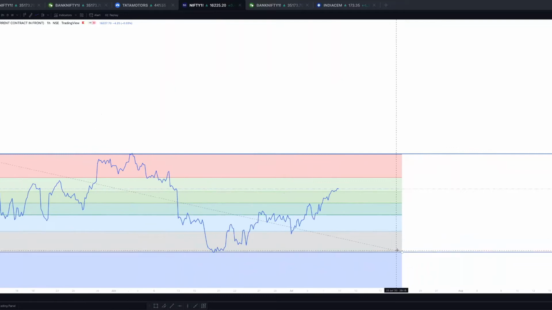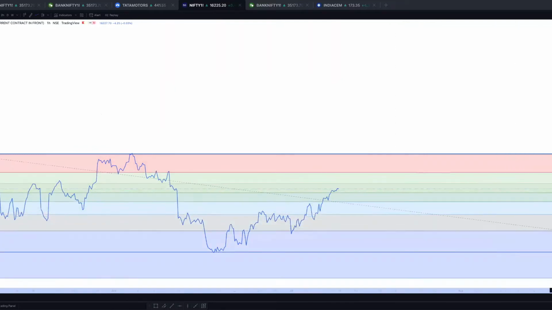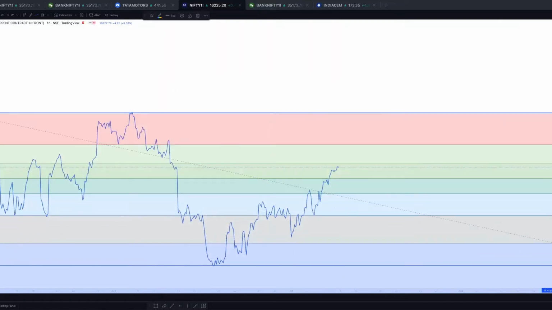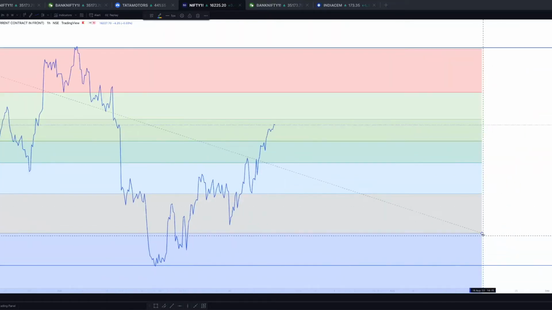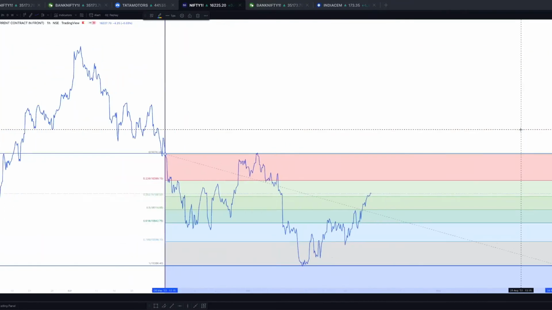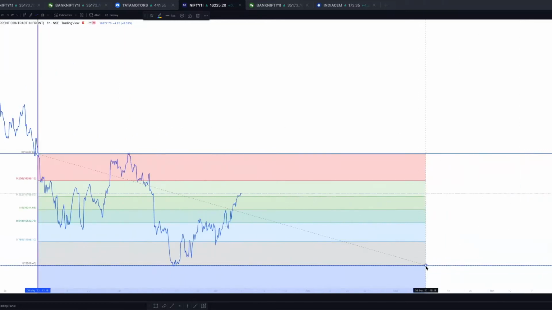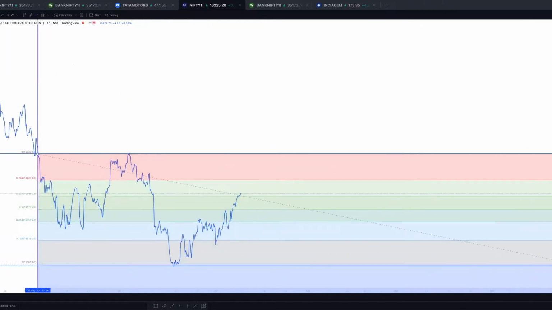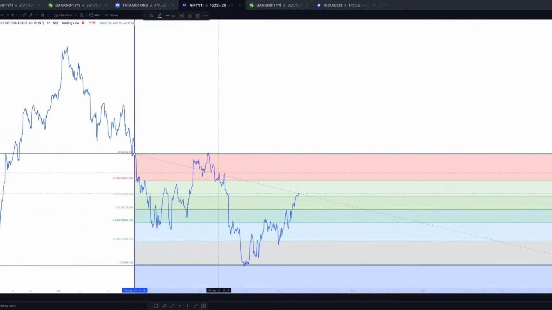So you just need to make sure that this particular diagonal line, the price point should be touching it from below to the diagonal. So this is our validity period for this particular Fibonacci points.